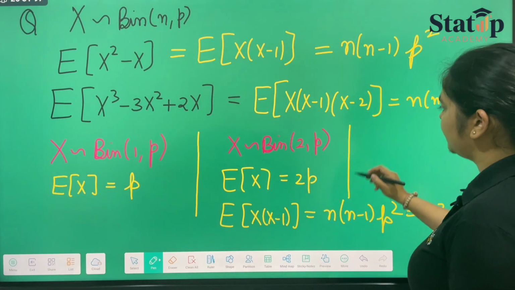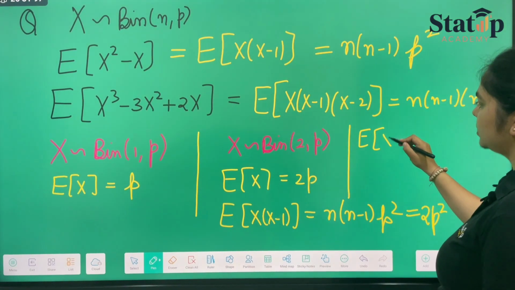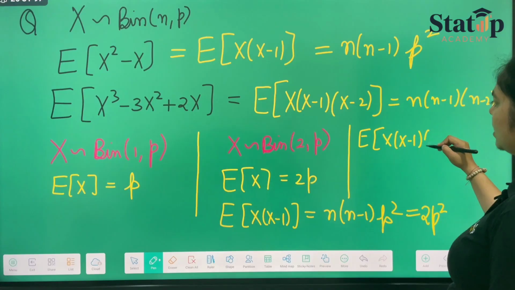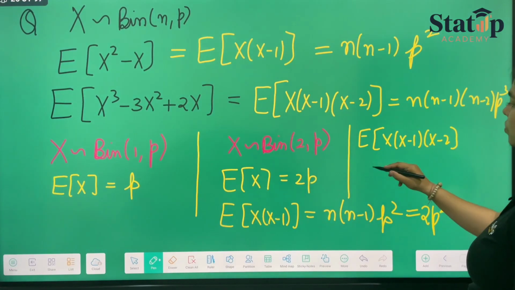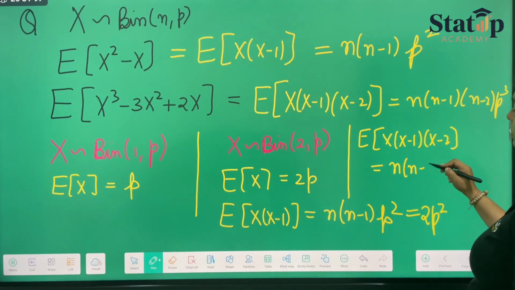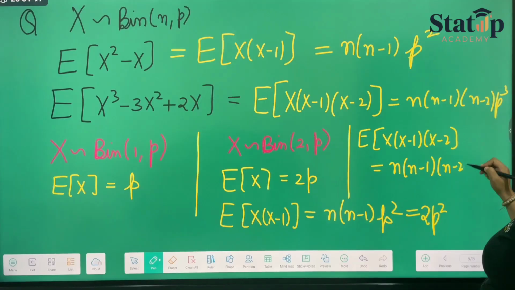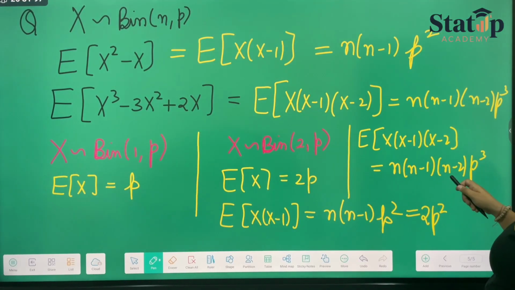And expectation of x into x minus 1 into x minus 2 will be equal to n into n minus 1 into n minus 2, p cube. Here n is 2, so 2 minus 2 will be 0, so it will be equal to 0.